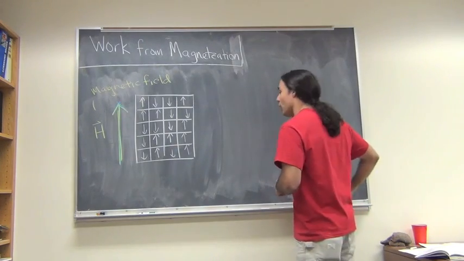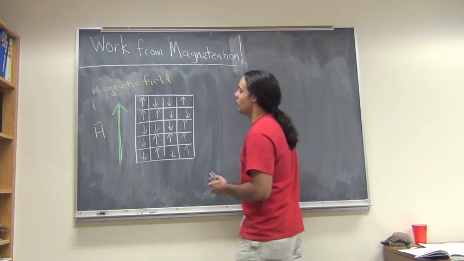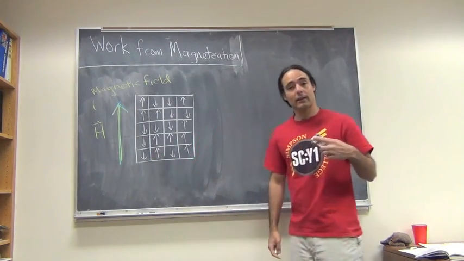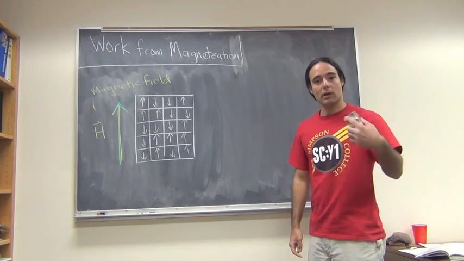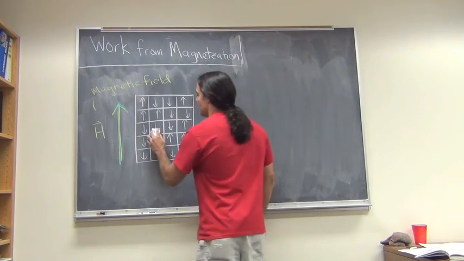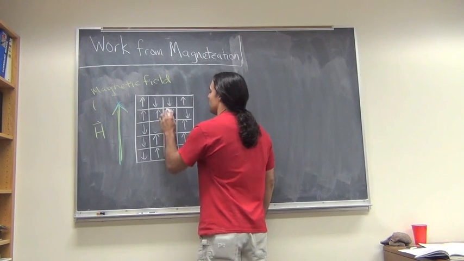So in principle, what could happen is we are going to get more magnetic spins aligned in the material. So let's just flip a couple of these up.